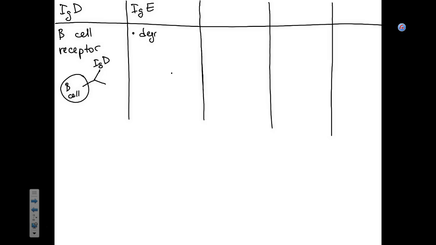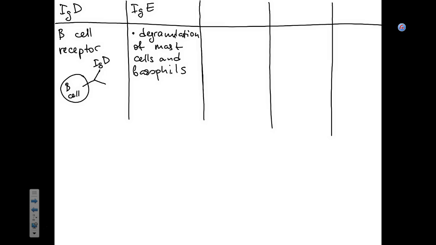It causes degranulation of mast cells, sorry, and basophils. What will it be mostly responsible for then, if it causes degranulation of mast cells? Inflammation. Mast cells are in the connective tissue and they're responsible for some unwanted immune reaction.